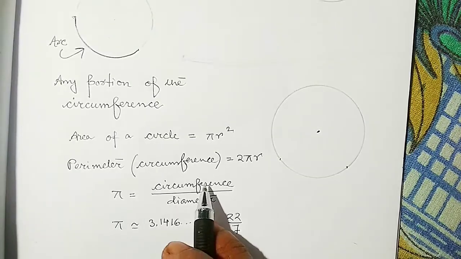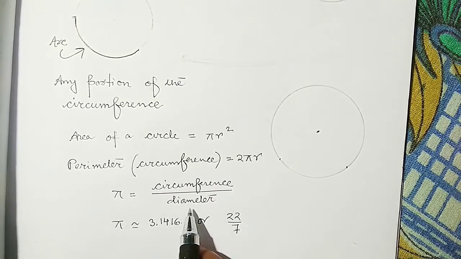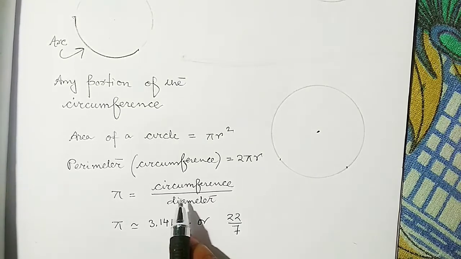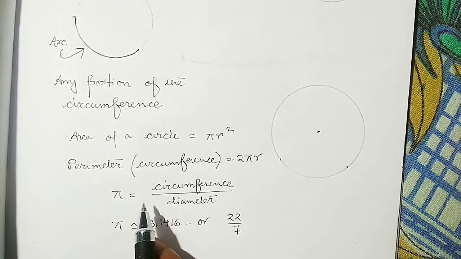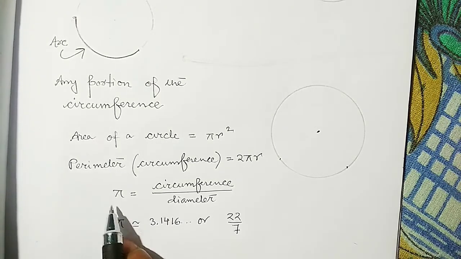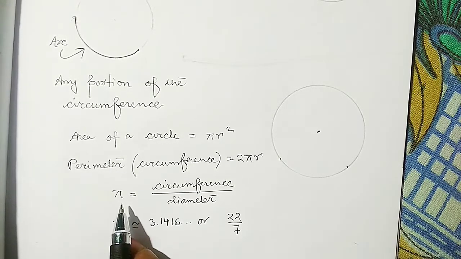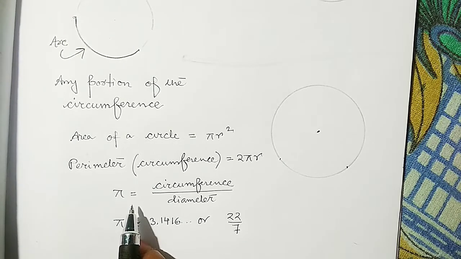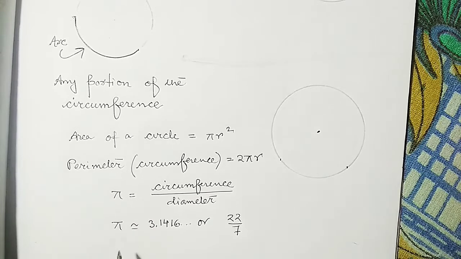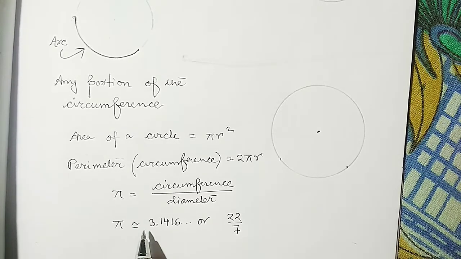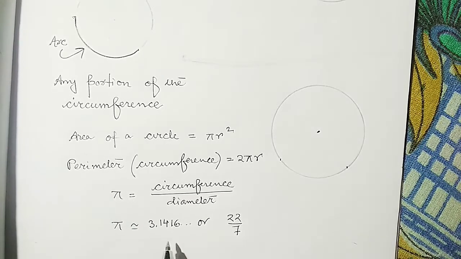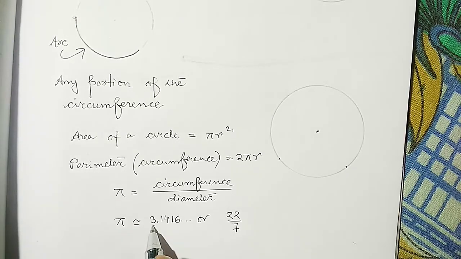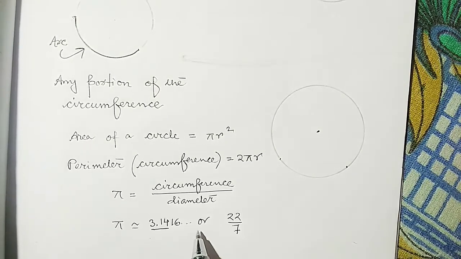That constant number is represented by the symbol pi. Pi is an irrational number, that means its decimal expansion is non-terminating and non-recurring. So approximately we can say pi is 3.1416, and in most cases we use only 3.14, or we can consider pi as 22/7.